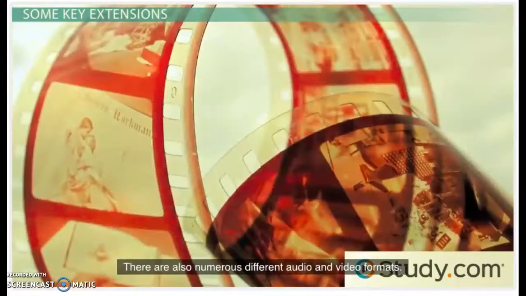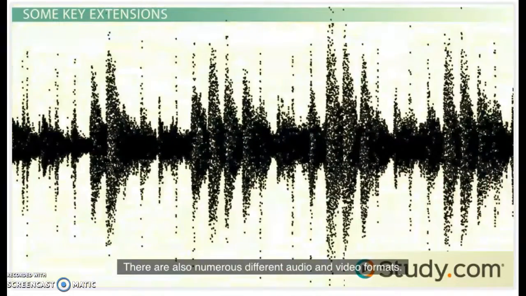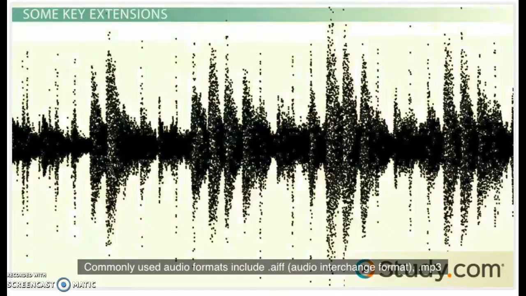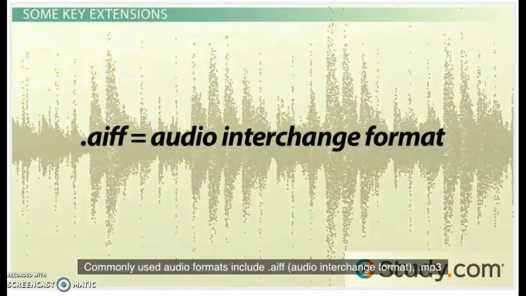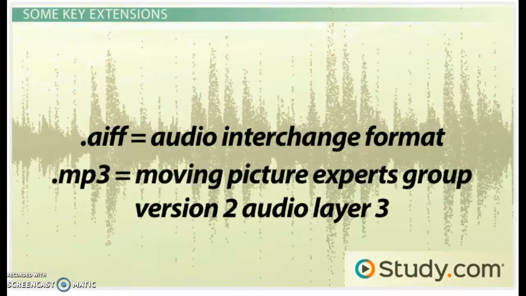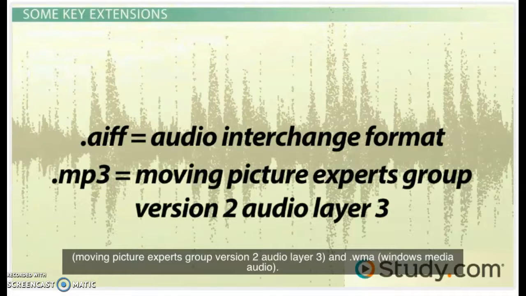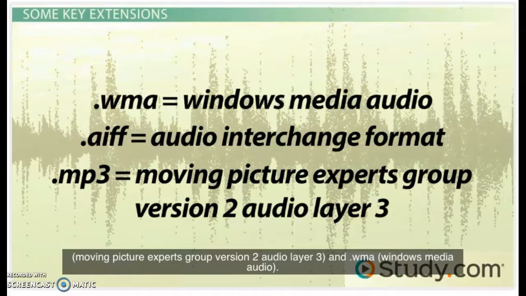There are also a number of different audio and video formats. Commonly used audio formats include .aiff, audio interchange format, .mp3, moving picture experts group version 2, audio layer 3, and .wma, Windows Media Audio.